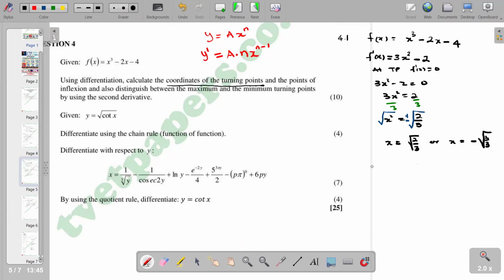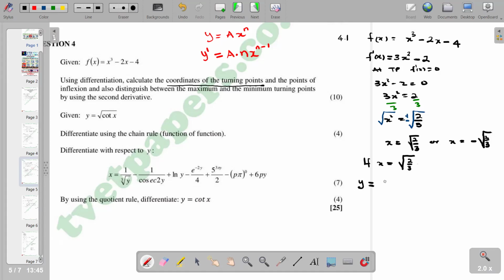So it means we are going to have our f(x). If x is equal to positive root 2 over 3, our y, which is the corresponding y coordinate, will be equal to, substitute that.